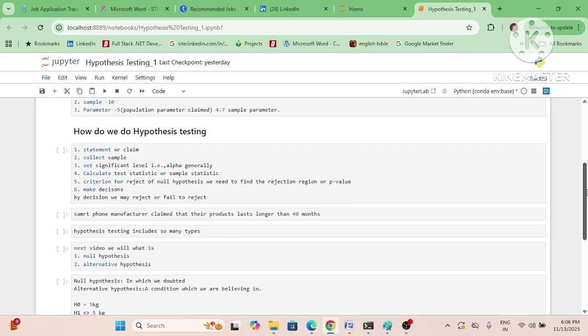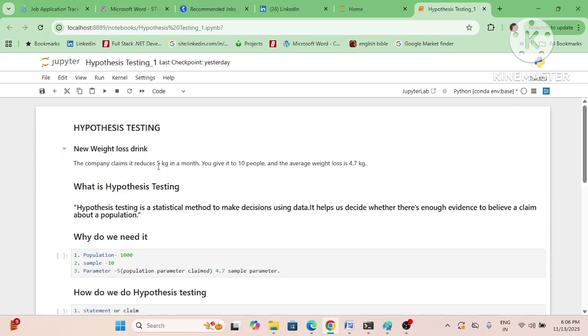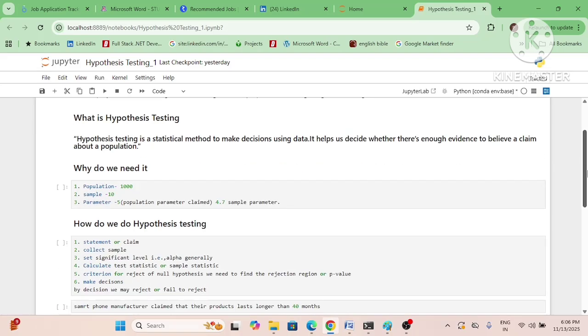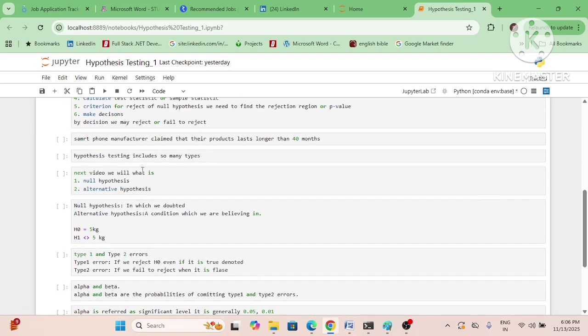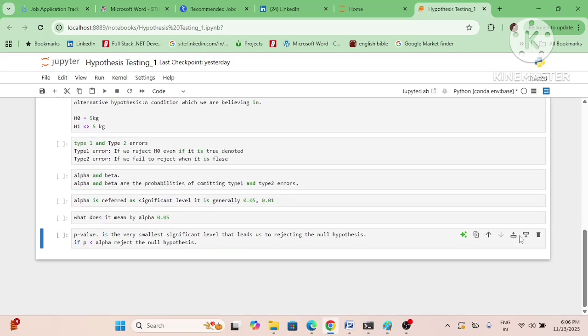Suppose we take the above example, the company claims it reduces 5 kg in a month. So under the null hypothesis, H naught is 5 kg. If H naught is true at a significance level of 5%, if the p-value is very less than alpha, that means the probability of happening that 5 kg reduction is very less, so we may reject.